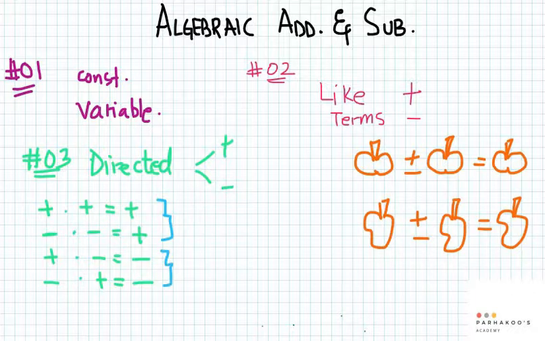Okay, so let's see. For example, you have 2x plus x equals, since it's plus, so plus plus is plus. That means you need to add these two terms. So since both the terms are with the same sign, minus minus, we need to add them.